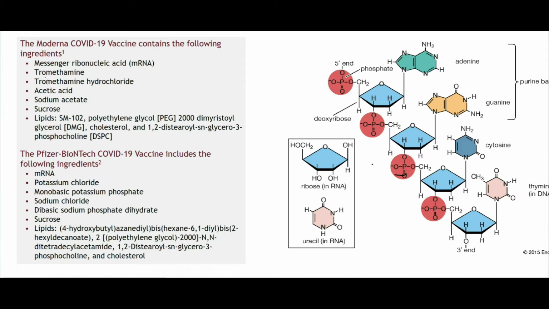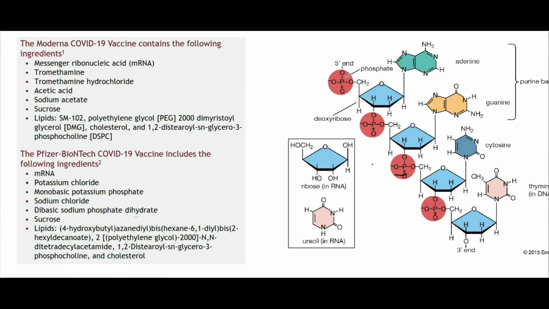This one has tromethamine and tromethamine hydrochloride, acetic acid, sodium acetate. And this has the potassium chloride, monobasic potassium phosphate, sodium chloride, dibasic sodium phosphate dihydrate.